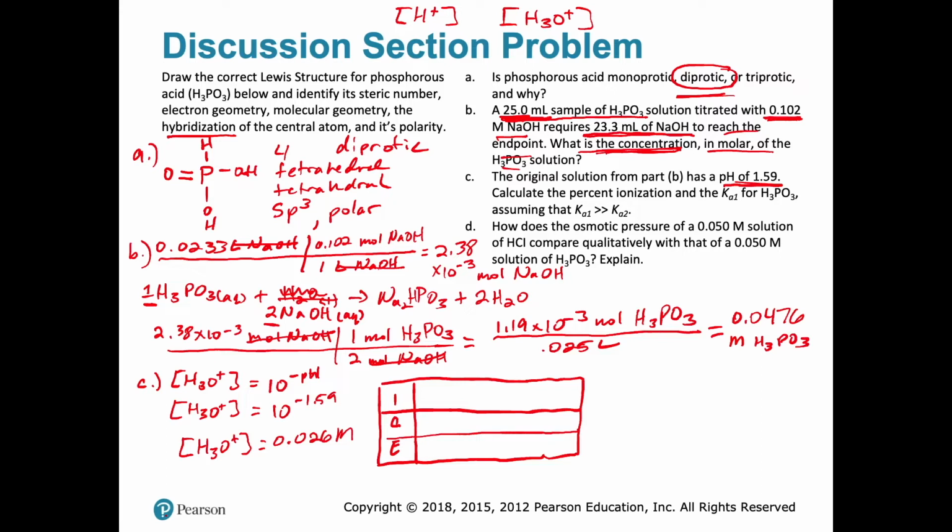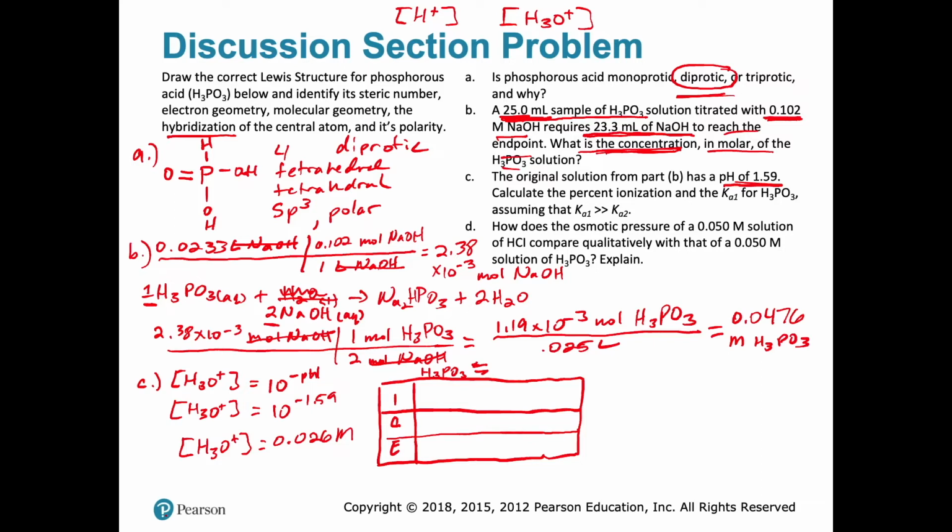So here's our ice table. This is the part where Miss Dickens got confused on Monday, and the reason she got confused is because I wrote up here H3PO3, and it can go back and forth. Normally, if you were doing a single proton equation, it would be this stuff on the right-hand side.